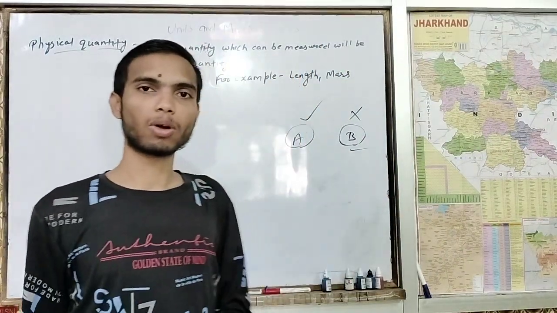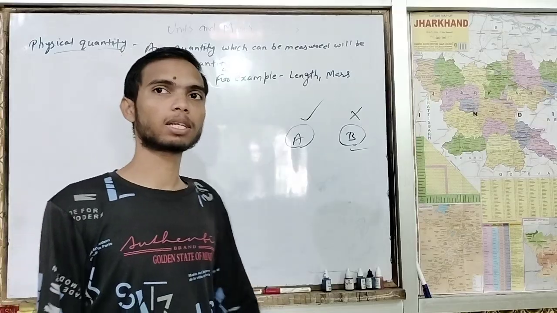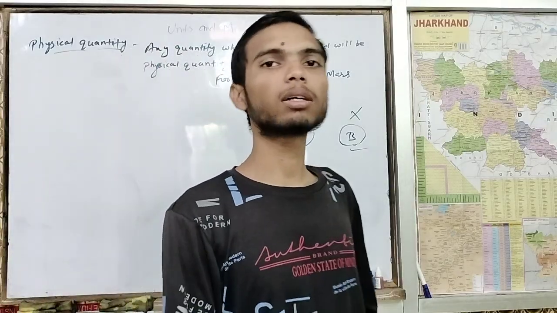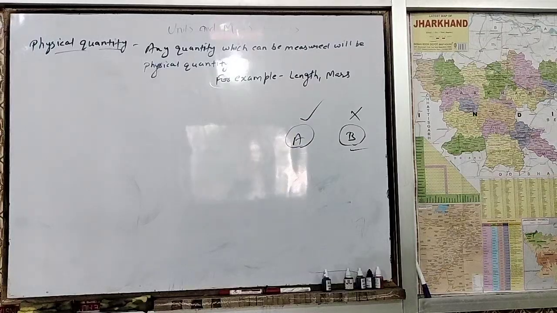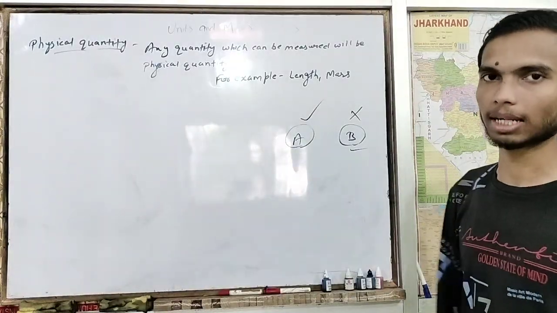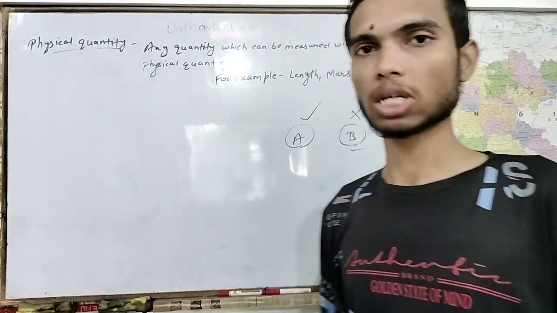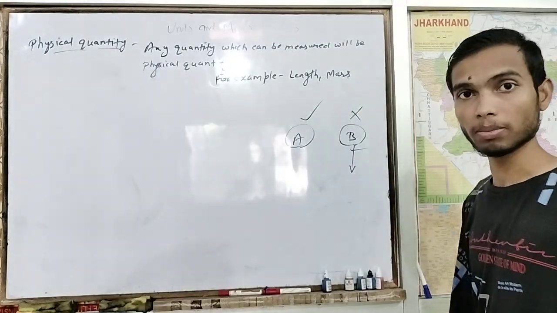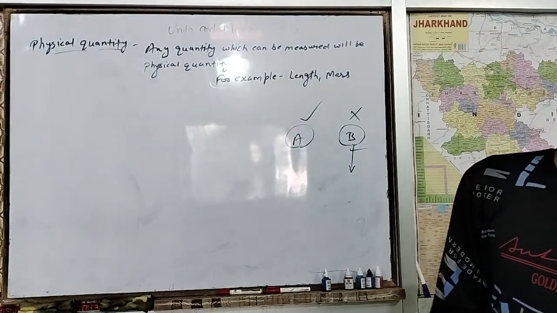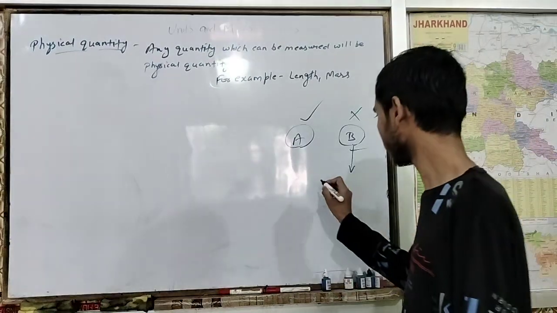So it will be kept in another category, and that category is an unphysical quantity. Any quantity which is not measurable will be known as an unphysical quantity.